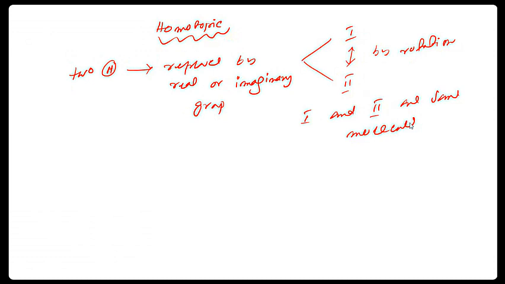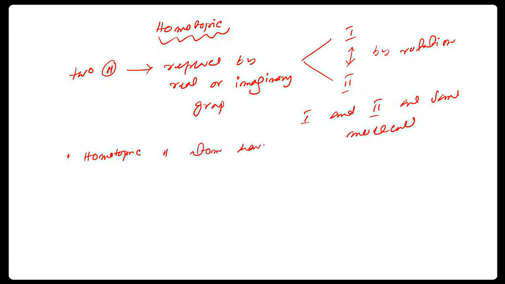Now I will tell the term chemical environment, or what is meant by chemical equivalence. So let us write here: homotopic hydrogen atoms have the same chemical environment.